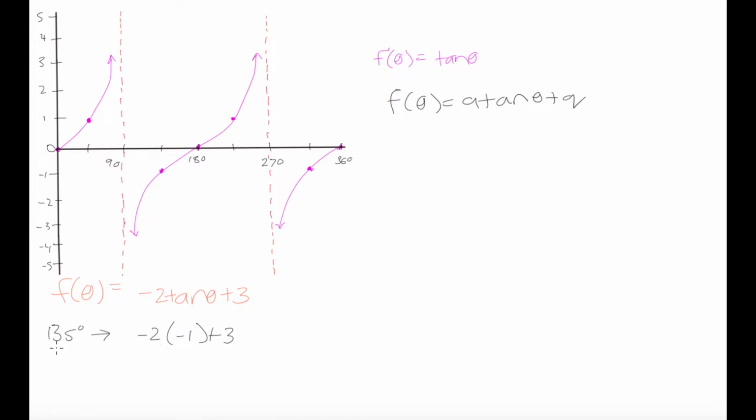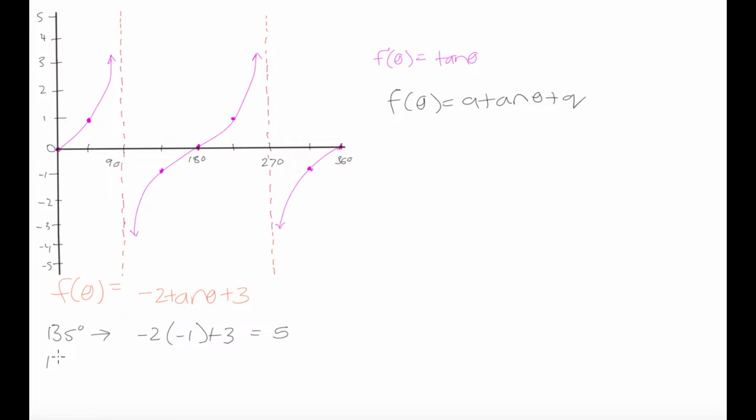And all I've done is substitute tan 135 in over here, and we know that's negative 1. So our value at 135 degrees in our new function is going to become, well, negative 2 times negative 1 is equal to 2 plus 3 is going to be equal to 5. So that is the point that we're going to get at 135 degrees.